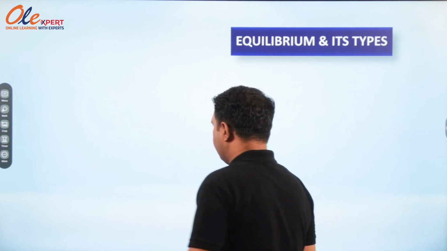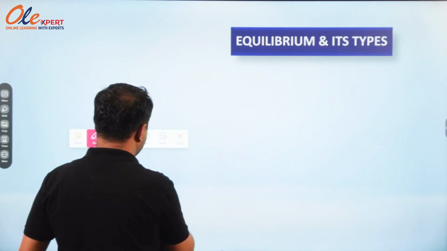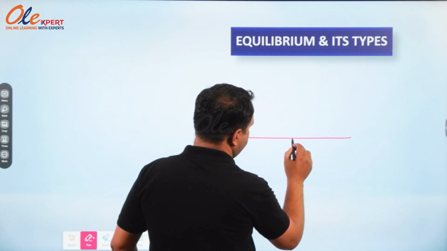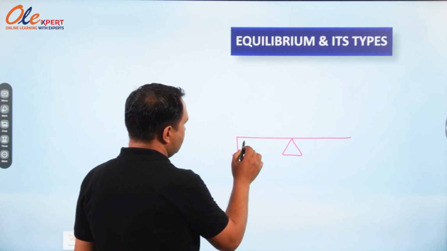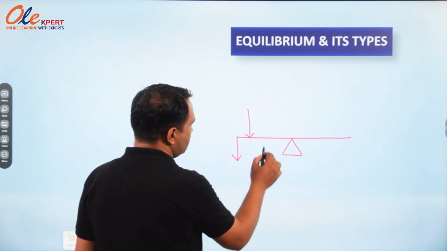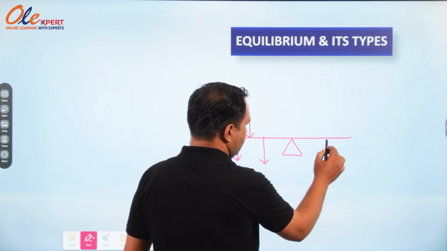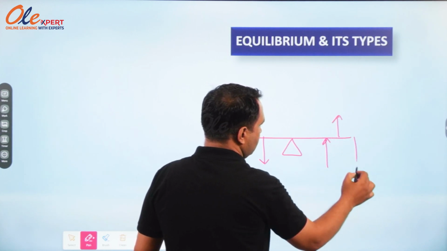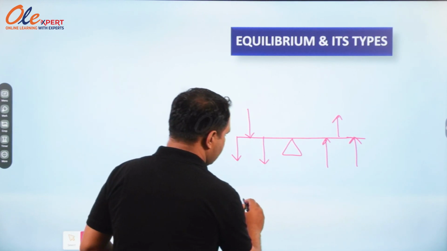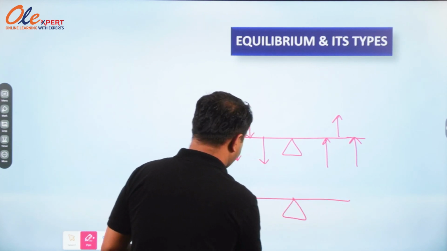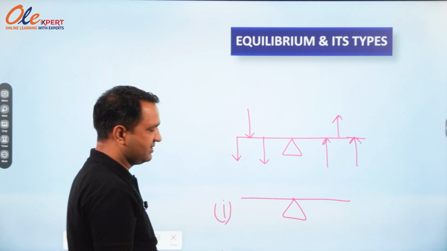Suppose that here I took this seesaw and there are many forces acting on it. This is one force, this is another force, this is another force, right? And here too many forces are acting. Earlier it was balanced. This was the first case when it was balanced, in a position of rest.